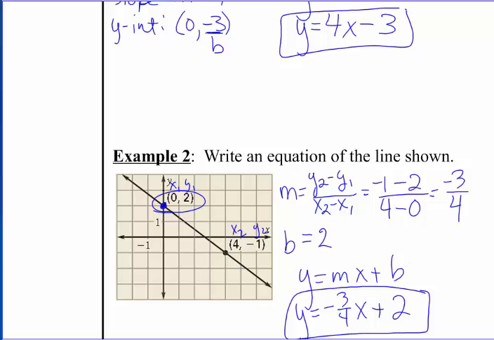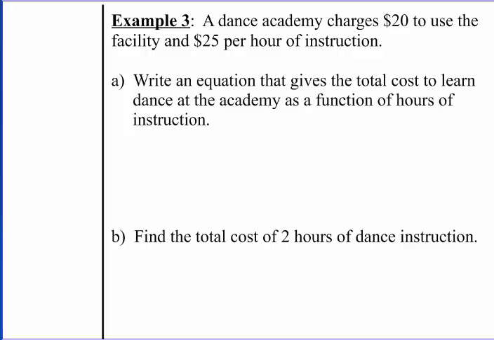Next, looking at an application. We've seen problems like this before, actually one exactly like this. Dance Academy charges $20 to use the facility and $25 per hour of instruction. Remember, this word per is very helpful in indicating where our variables should go.